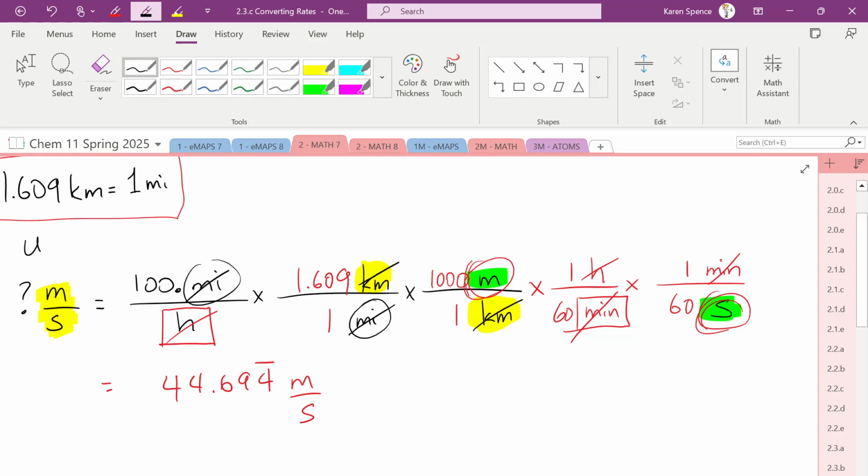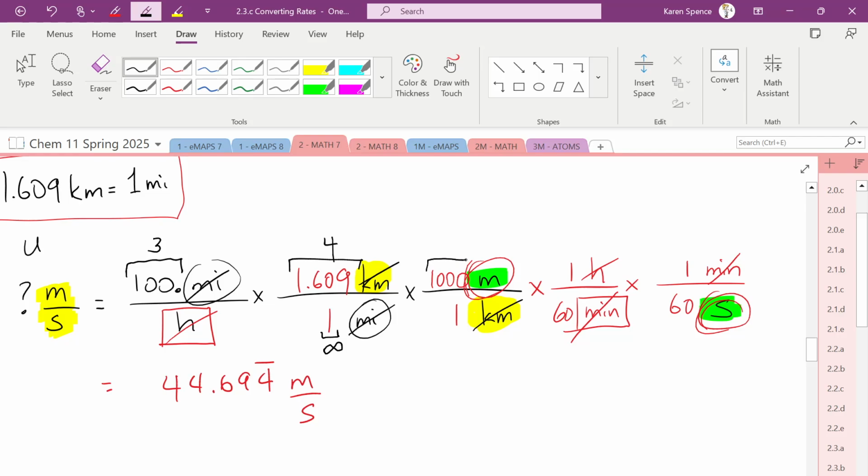Sig figs. But remember, all multiplying and dividing, so all you're doing is saying how many sig figs in each number, round to the least sig figs. How many sig figs in 100? 3. How many in 1.609? 4. How many in the 1? Infinite.